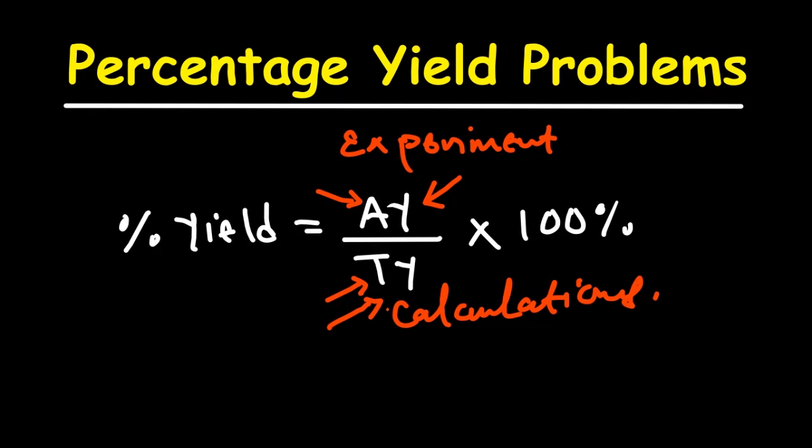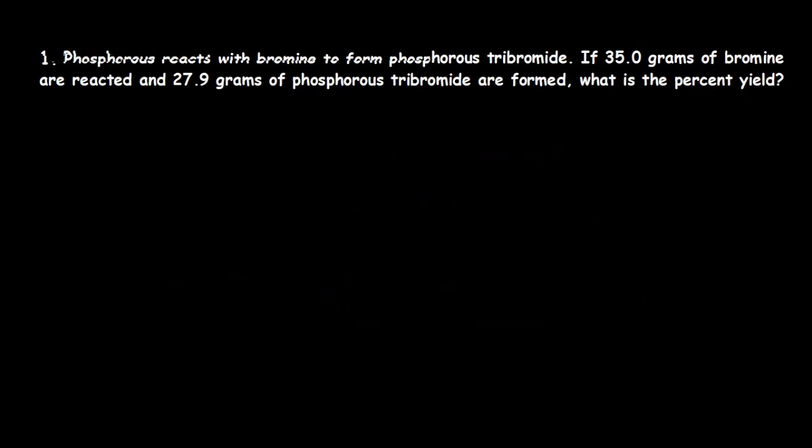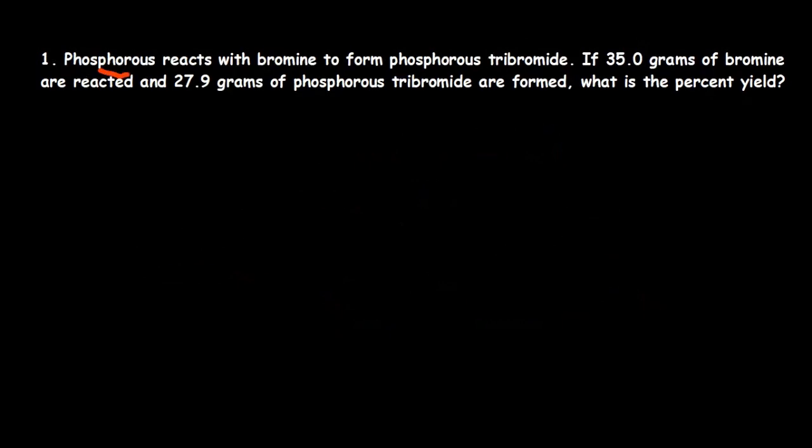Once we have our actual yield and our theoretical yield, we just divide those and multiply by 100 to obtain our percentage yield. Now let's look at some example problems. The first one reads: phosphorus reacts with bromine to form phosphorus tribromide.